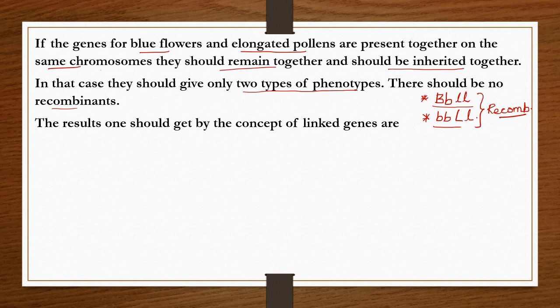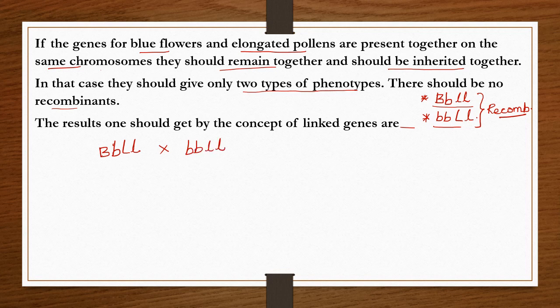The results we should get by the concept of linked genes: we take the test cross individuals only. What are the test cross individuals? That is heterozygous blue and heterozygous elongated pollen grains, crossed with homozygous recessive red and round pollen grains.